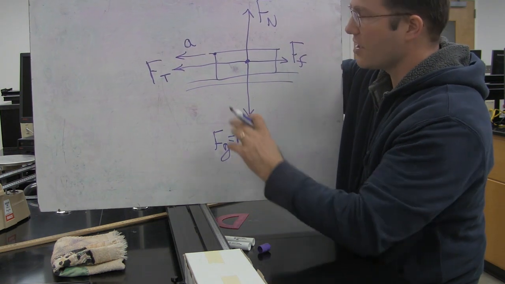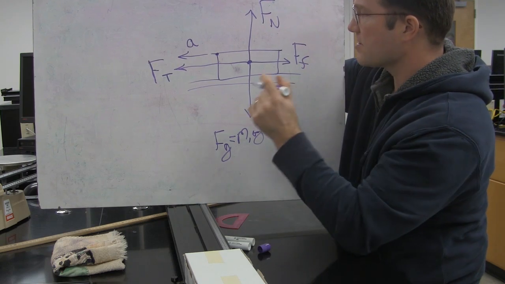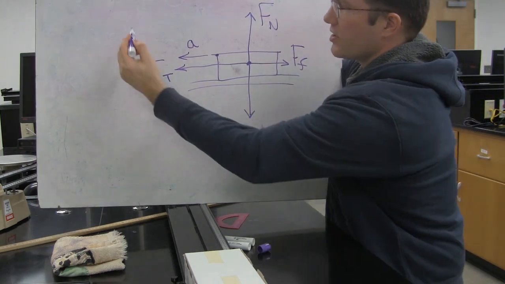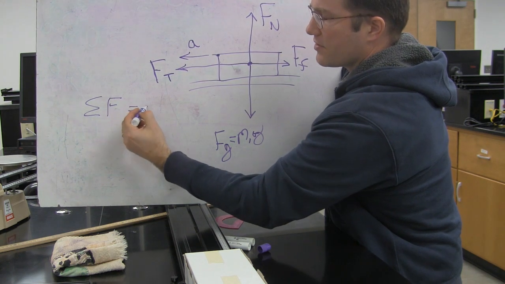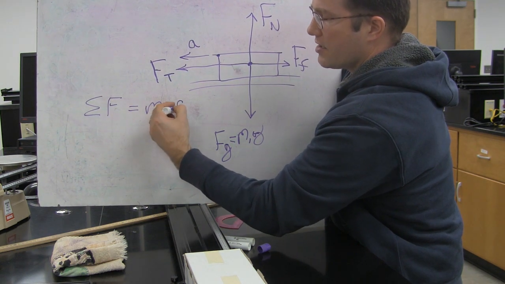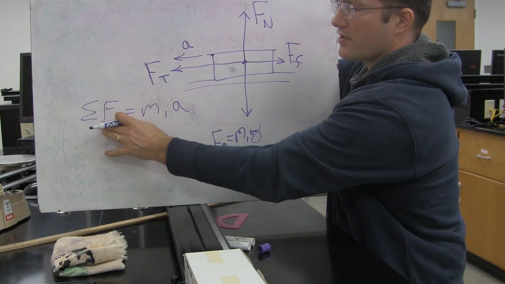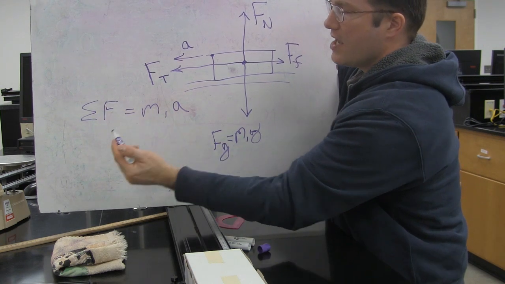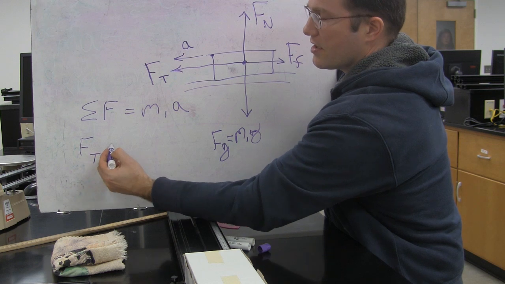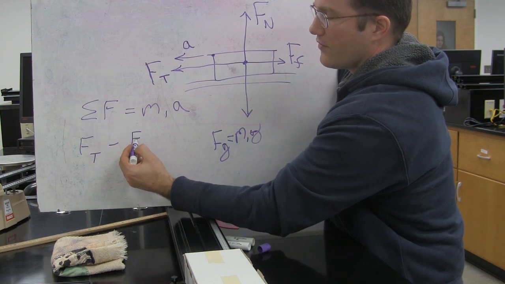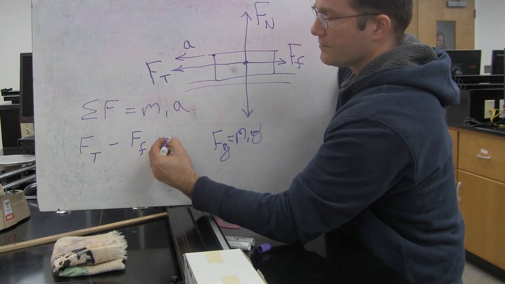The force of tension. And so from that, using Newton's second law, the sum of the forces on m1 is equal to m1a. We know the sum of the forces is equal to the force of tension minus the force of friction.